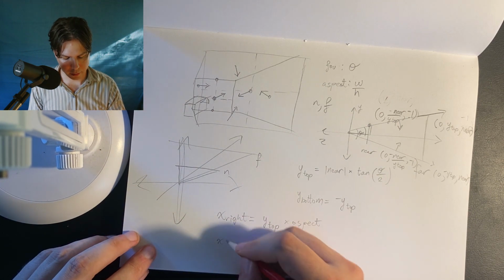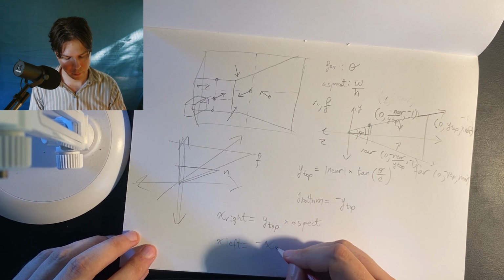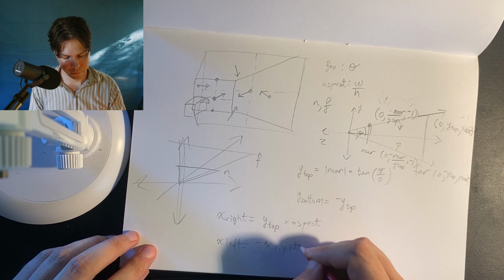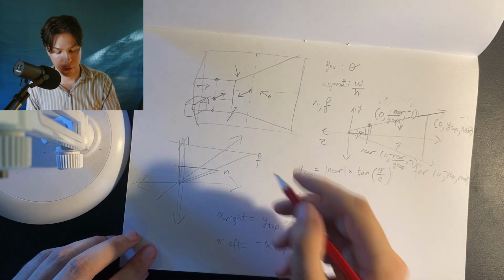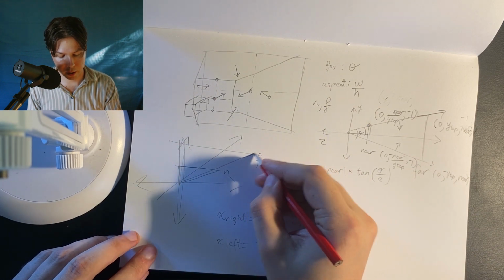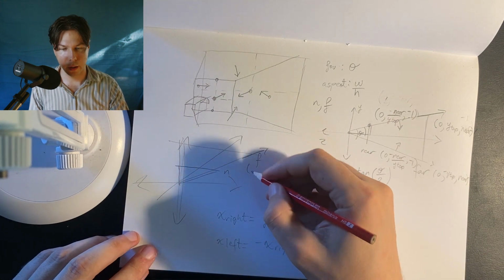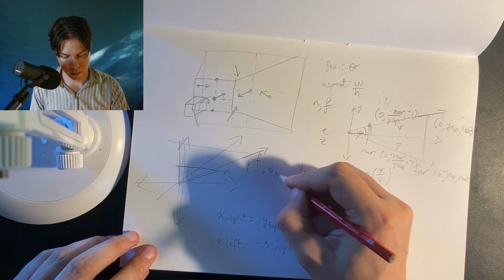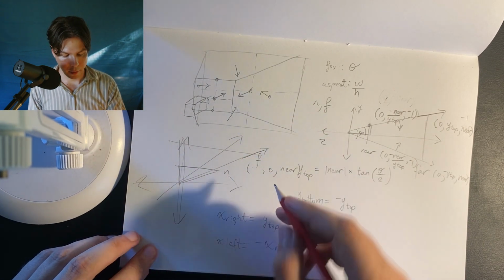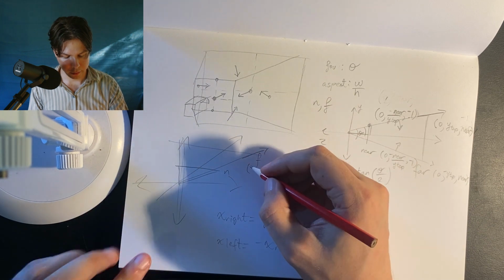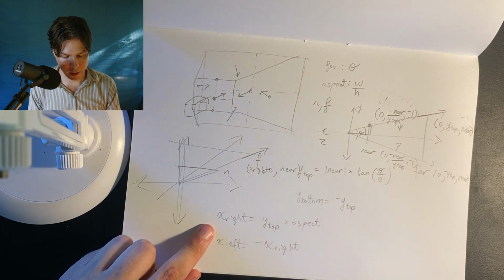So then we have x left is the negative of x right. And then if we look at the tangents and the normal, I'll just do the right tangent, and then the left tangent will be the reverse of that. So for the right tangent, as we step near units out, our x will increase by that x right amount.